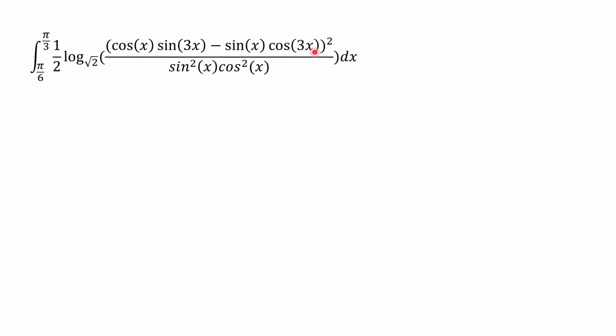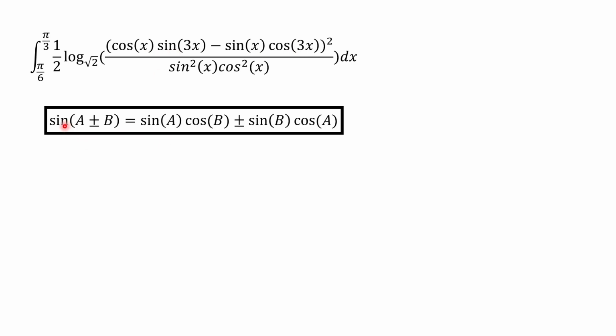And actually, there's something really nice to spot here, which is when we have cos sine and sine cos, there's actually a double angle formula, a slightly different one. So with sine a plus or minus b.